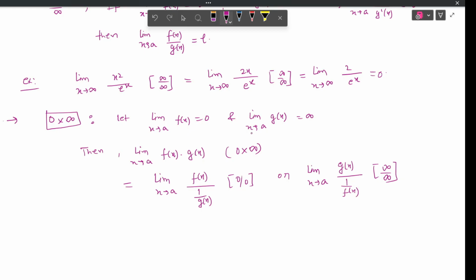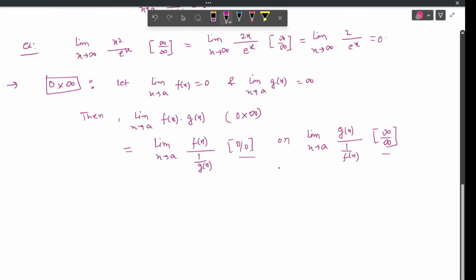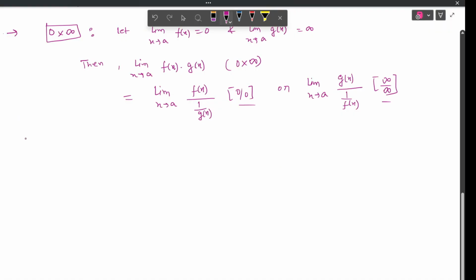So remember, except infinity by infinity and 0 by 0 form, for other forms you have to arrange them in either 0 by 0 form or infinity by infinity form. Let us see one example so that it will be clearer.